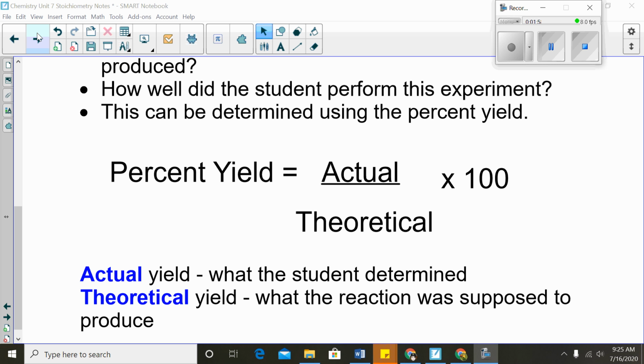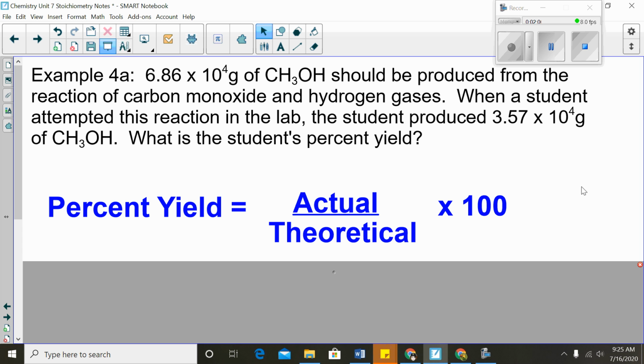So let's try an example. All right, so example 4a, 6.86 times 10 to the 4th grams of CH3OH should be produced from the reaction of carbon monoxide and hydrogen gases. So if you have carbon monoxide and hydrogen gases, that's how much CH3OH should be produced.